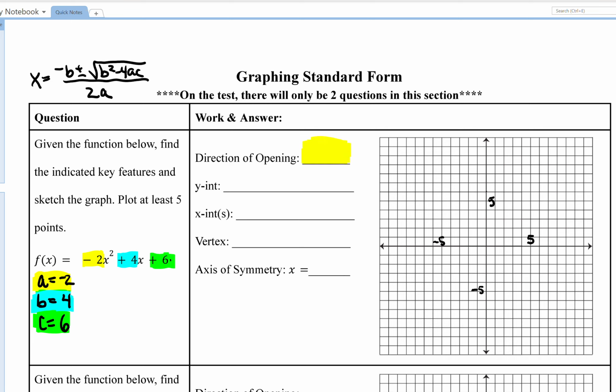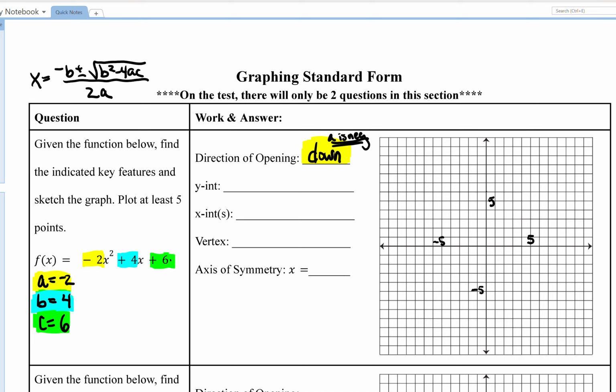Because A is negative, it's -2. When A is negative, this opens down. A is negative, so when A is negative, this thing opens down.